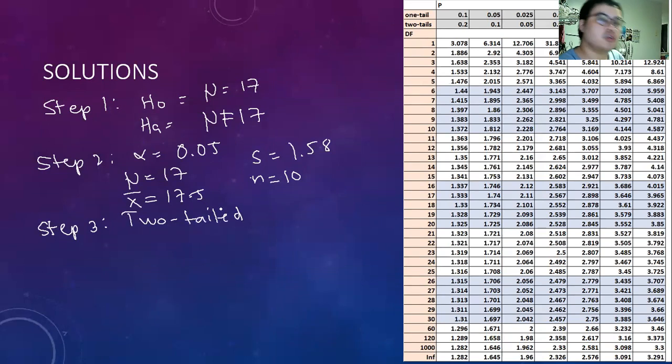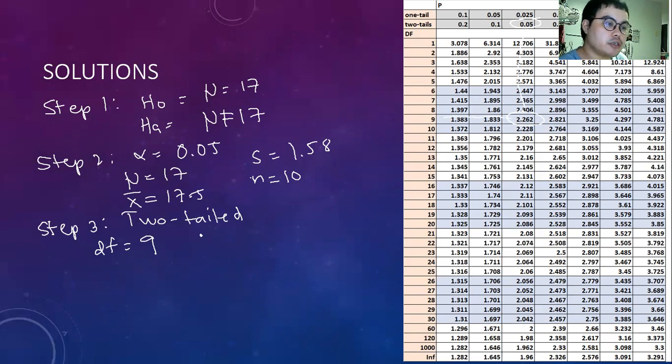Looking for the critical value according to how many tails, let me find the degrees of freedom. 10 minus 1 is 9. This is two-tailed, which is 0.05. So this is 2.262.